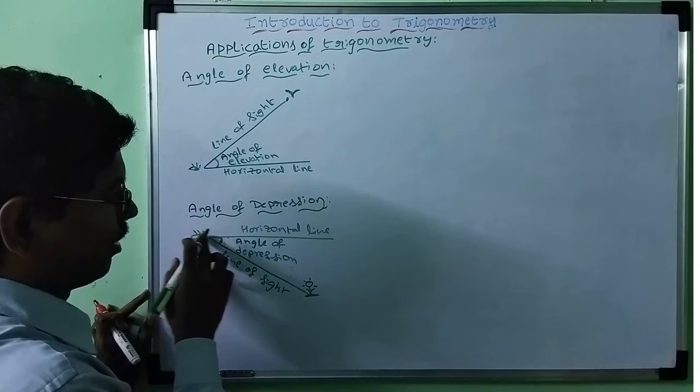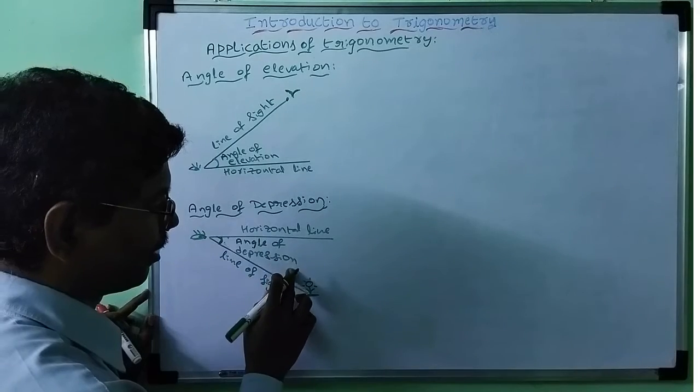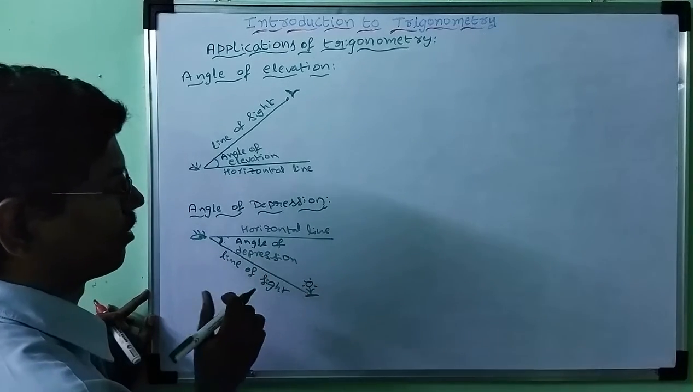If he is observing with this line at 30 degrees, then that 30 degrees we are calling the angle of depression.